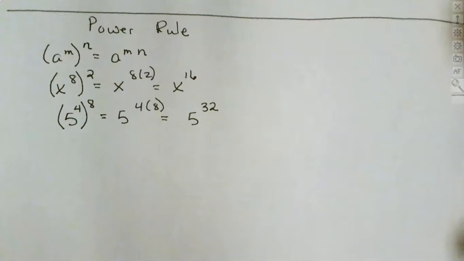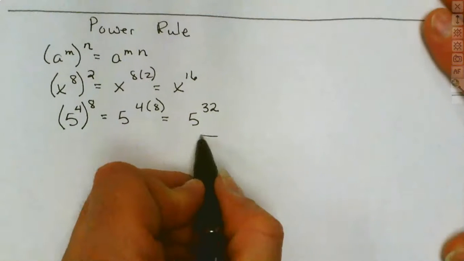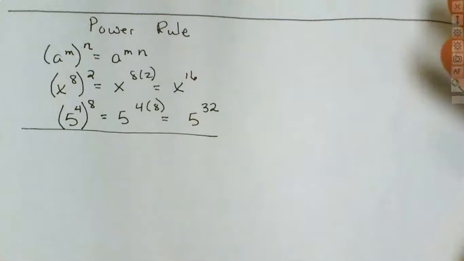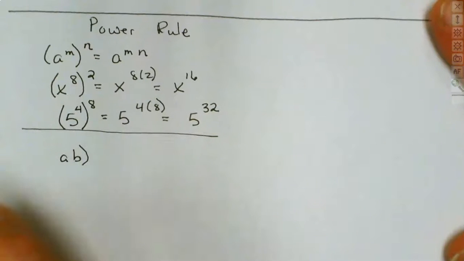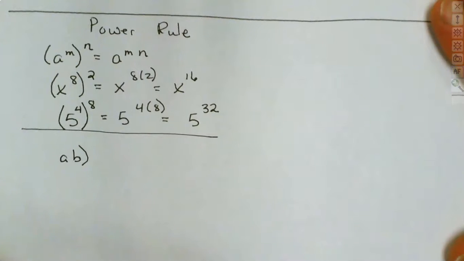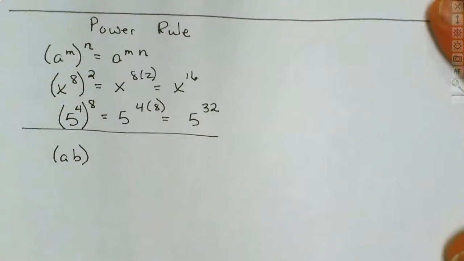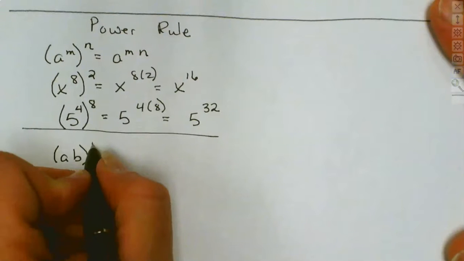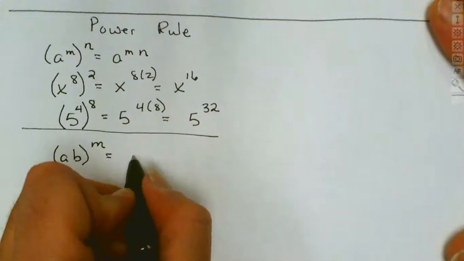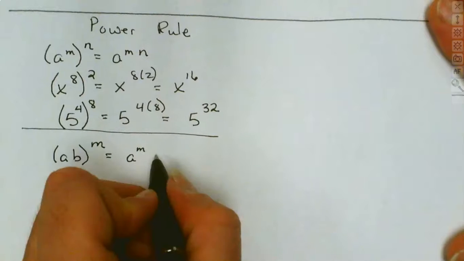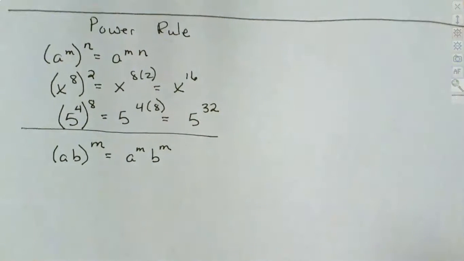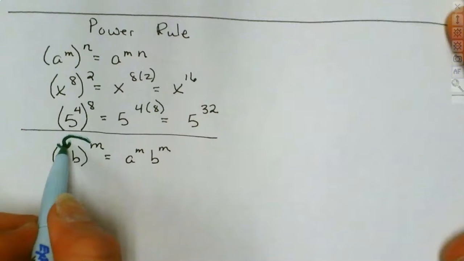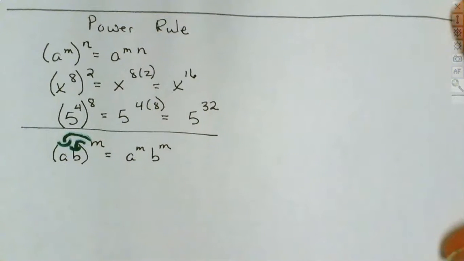Now another part of the power rule says that we can distribute powers through parentheses. So AB to the mth power is a to the mth power, b to the mth power, because what we did is we distributed it through.